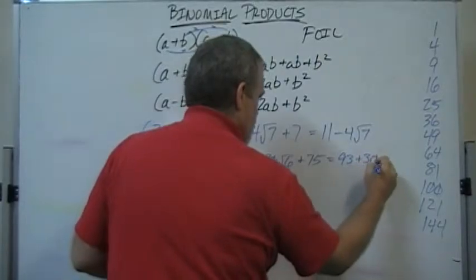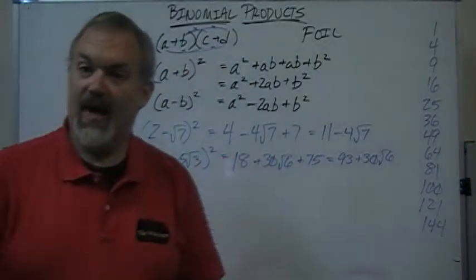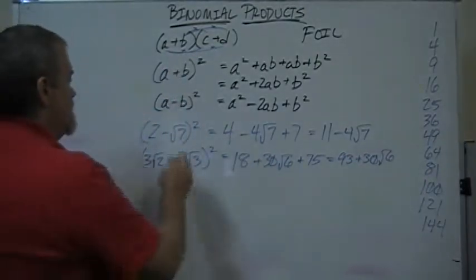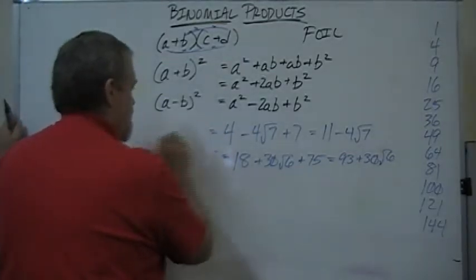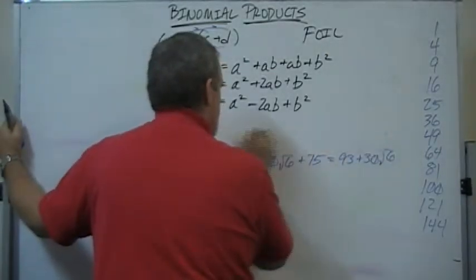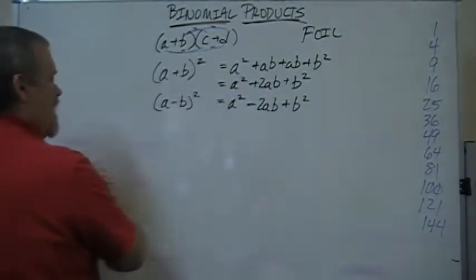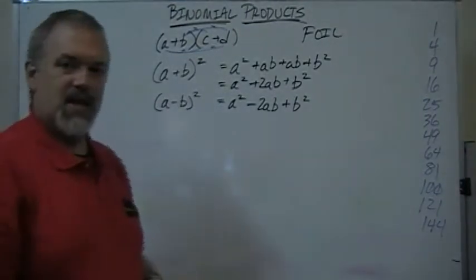Now the last shortcut that I have is called the difference of squares. It's sort of like these. But what makes it different is where with the perfect squares, I have a term in the middle that's doubled of those two terms multiplied together.